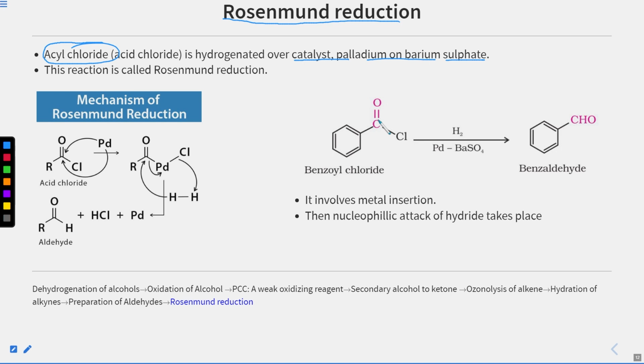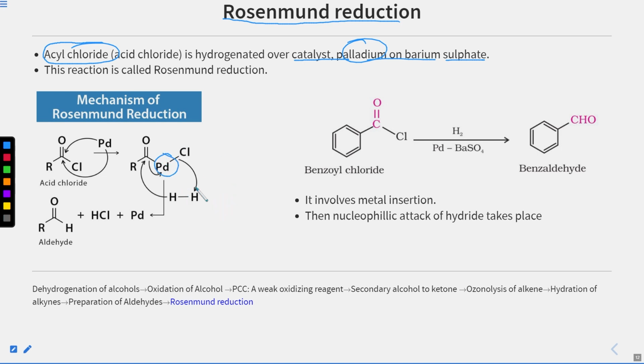I am just giving you a small statement that the barium sulfate is there to poison the catalyst. Most of the role is played by your palladium and your hydrogen. First of all, the metal insertion takes place. How does this metal insertion take place? The bond between carbon and chlorine is broken and one palladium is inserted in between. First of all this happens.